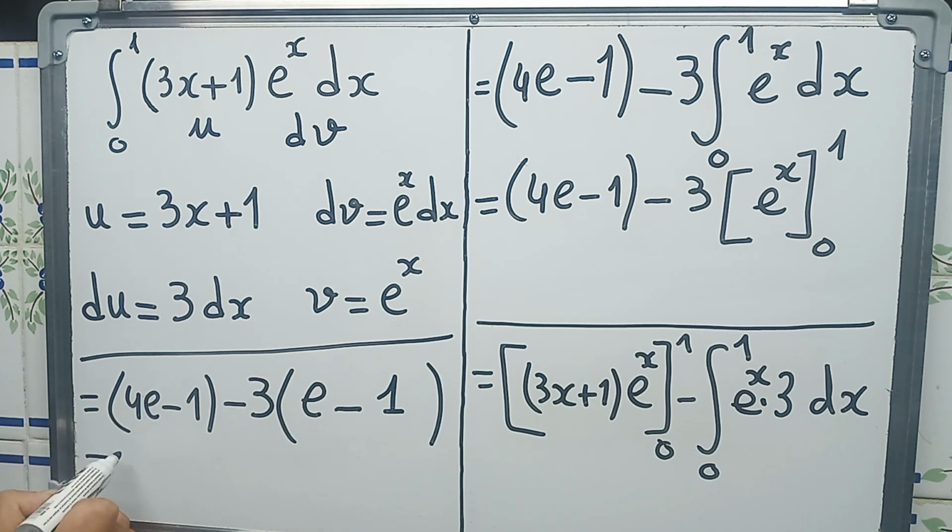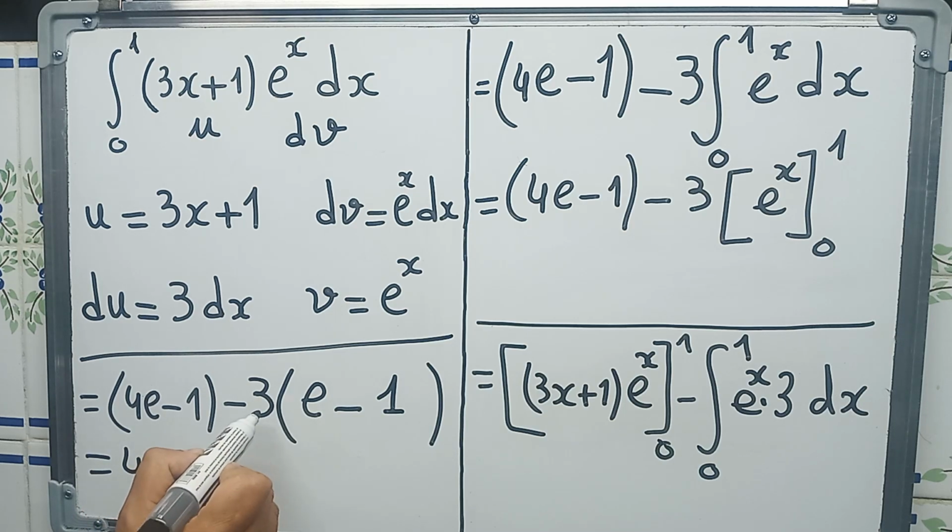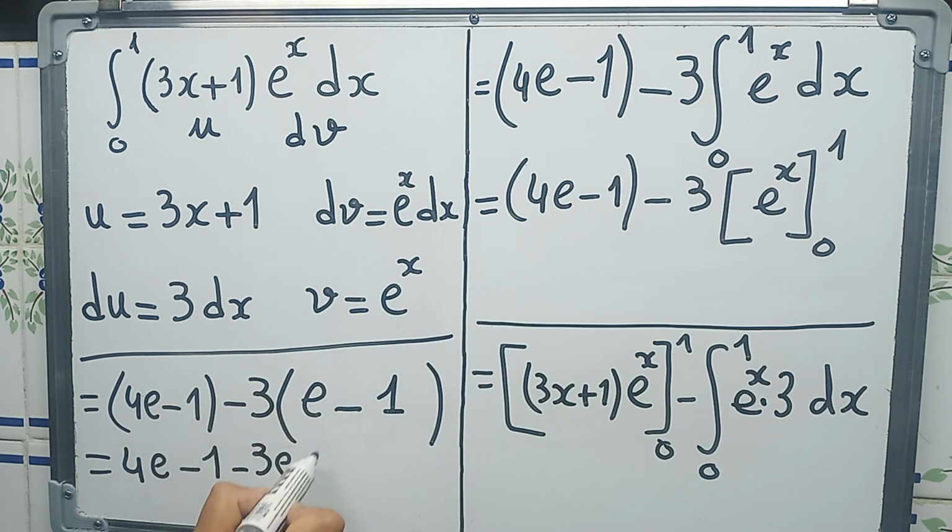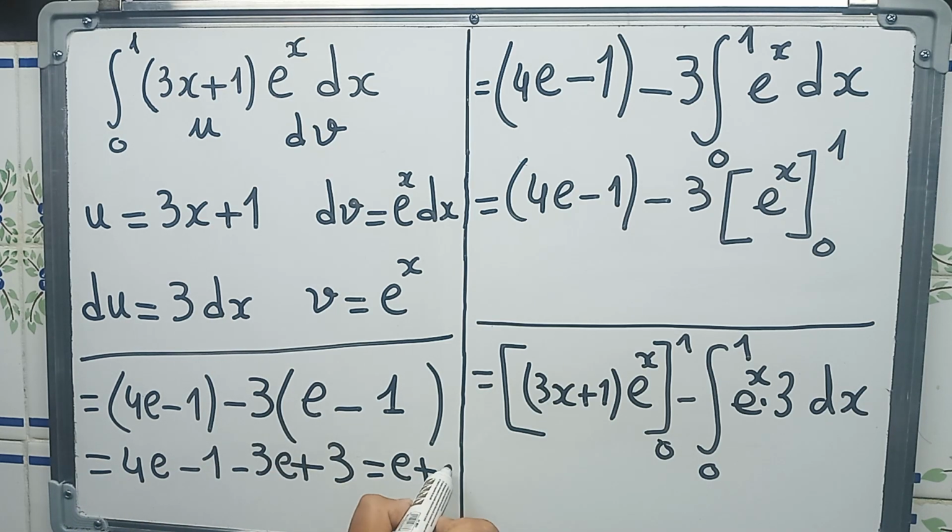So it's 4e minus 1 minus 3e plus 3. Minus 3 times minus 1 is plus 3. 4e minus 3e is e, and minus 1 plus 3 is plus 2. So the value of our integral is e plus 2.